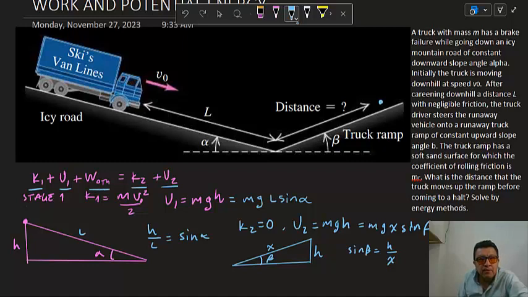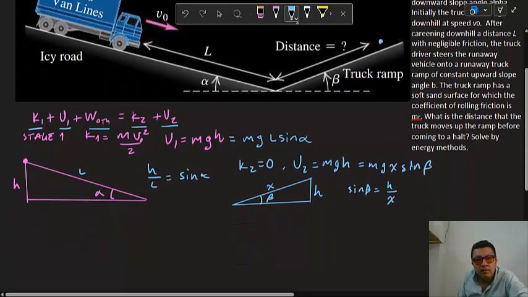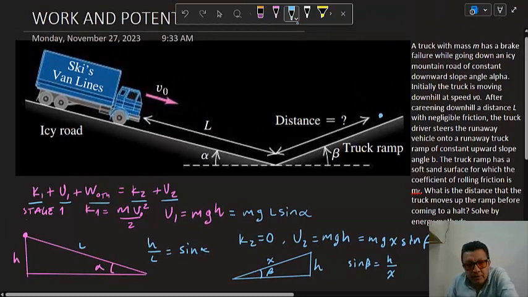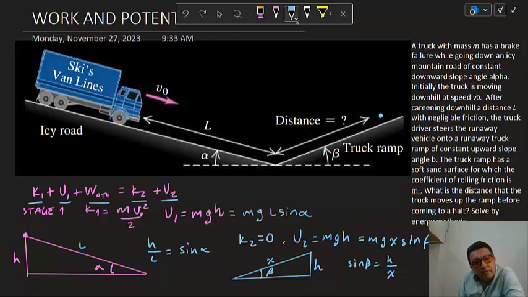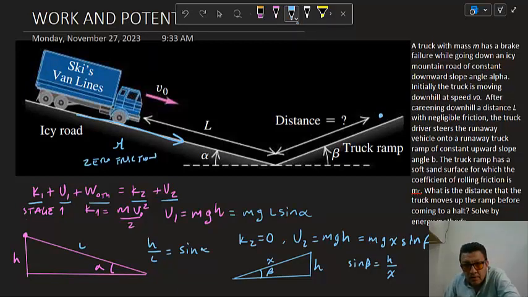We need this other work. What is the other work? If we analyze this diagram, in the downhill path we have zero friction, but when we are coming up this ramp, we have a kinetic coefficient of friction.